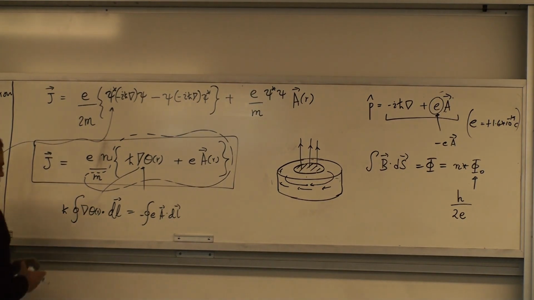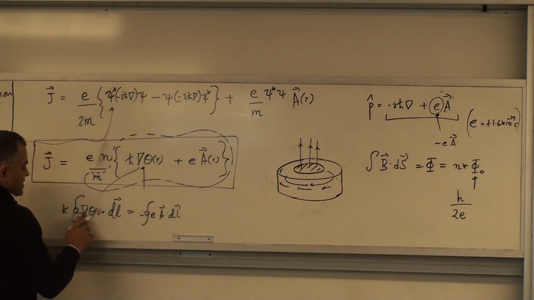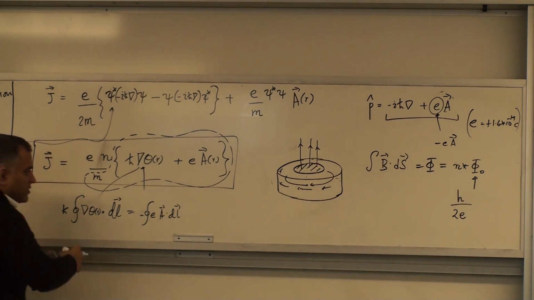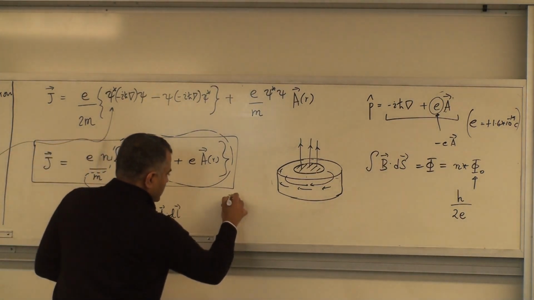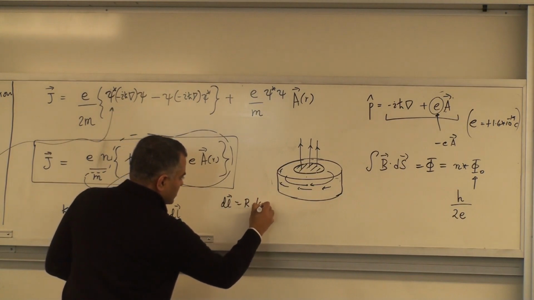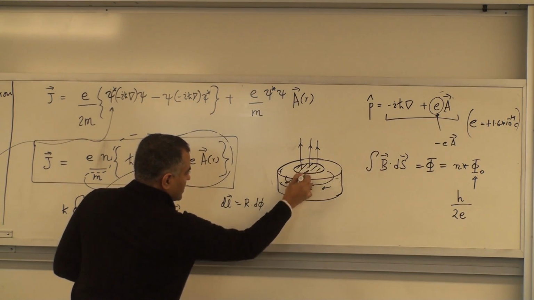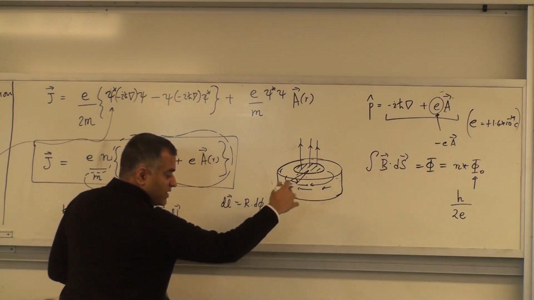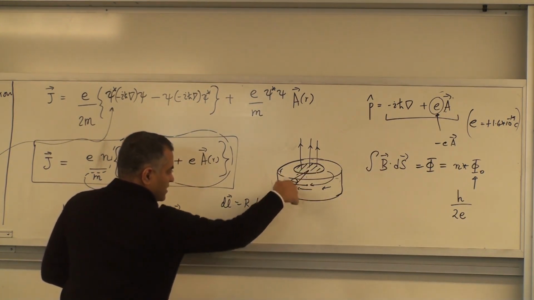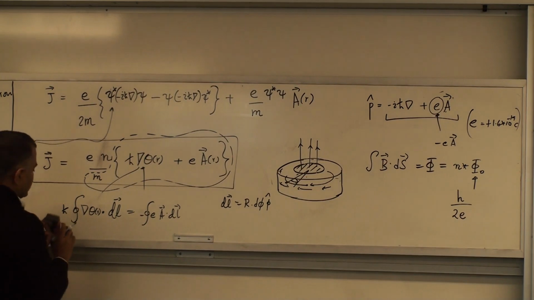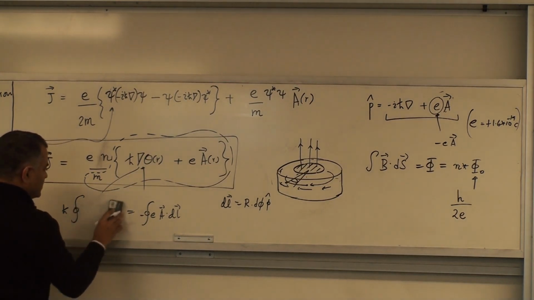The gradient of theta is essentially d by dl. As we move along, you can think of dl as a certain radius times the angle d phi, times the unit vector along the radius of that circle. So essentially you are just integrating d theta.